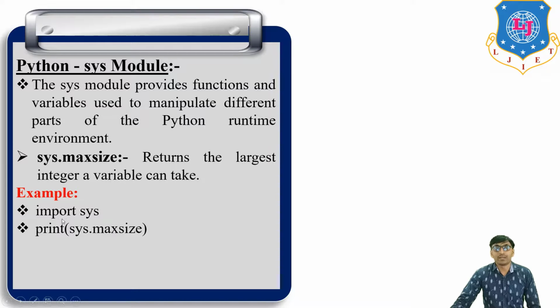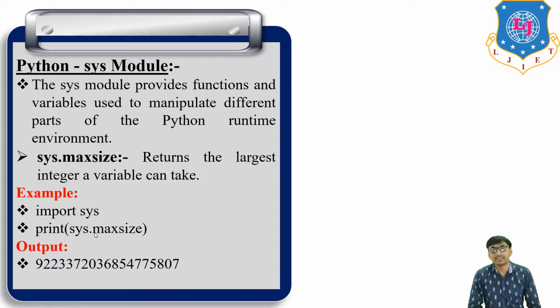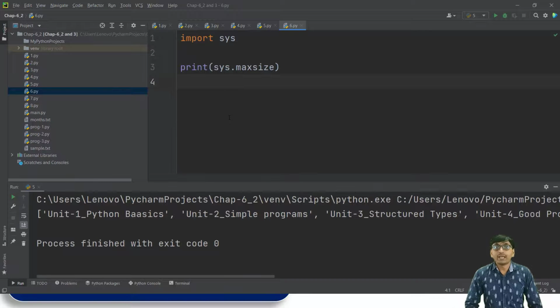For example, import sys, then print sys.maxsize. If we run this program, the output is 922337 and so on. Now we run the same program in PyCharm.